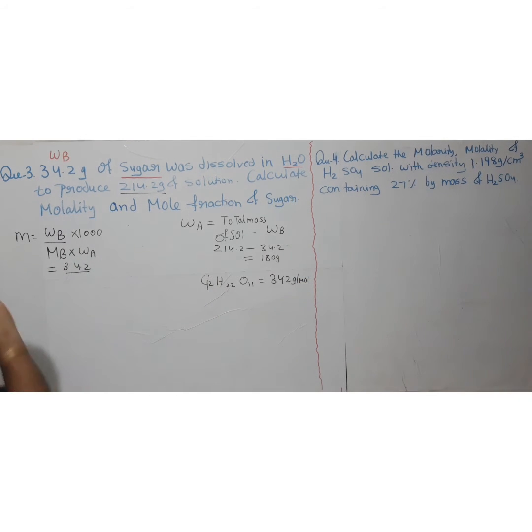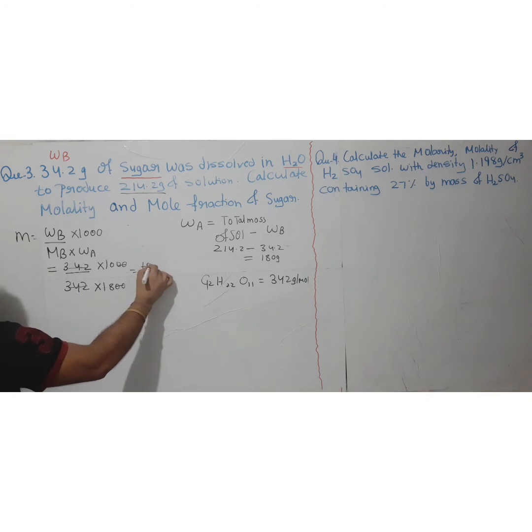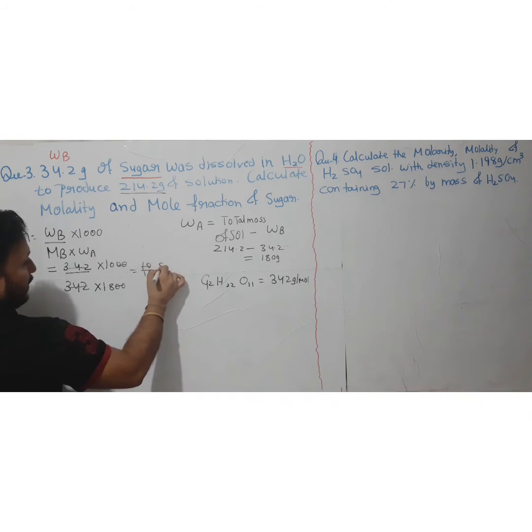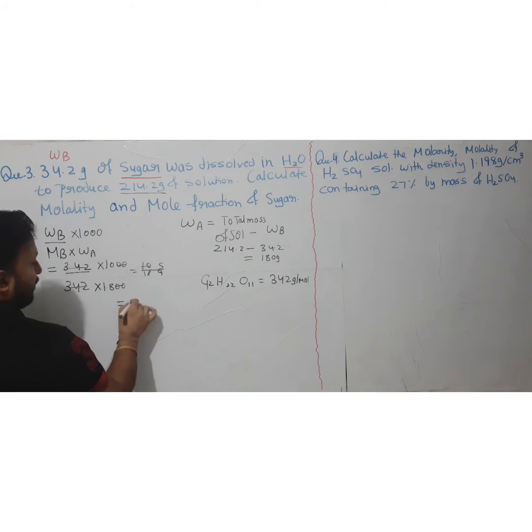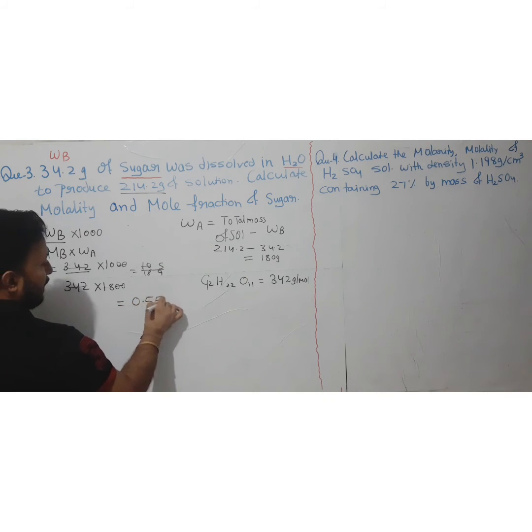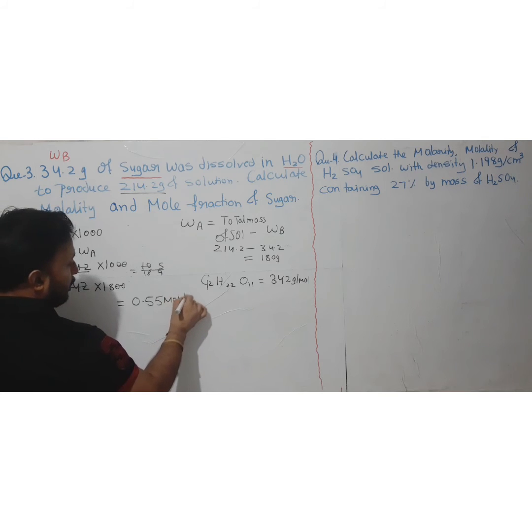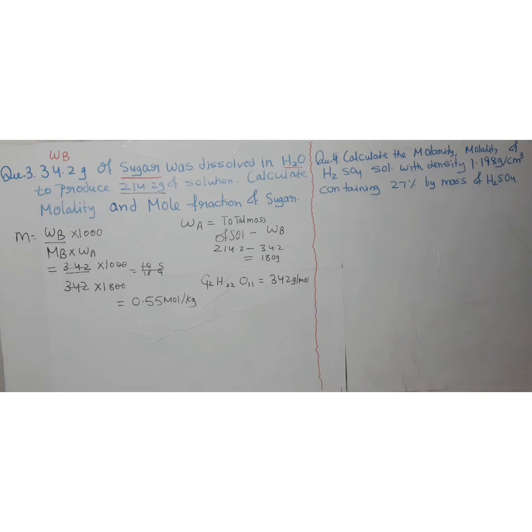So we will be using that here, that is 342, then multiplied by 180, that is the mass of the solvent, and 1000 will be there. So we have to calculate it. It will be cancelled like this. There will be 2 zeros here, so it becomes 10 by 18, or we can write 5 by 9, or we can write 0.55 mole per kg, that is the molality we are having. So that is how we can calculate the molality here.